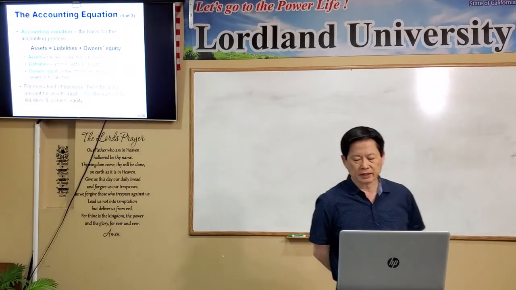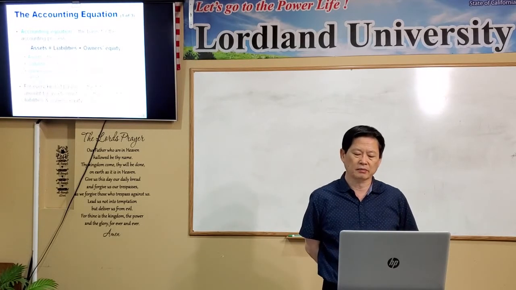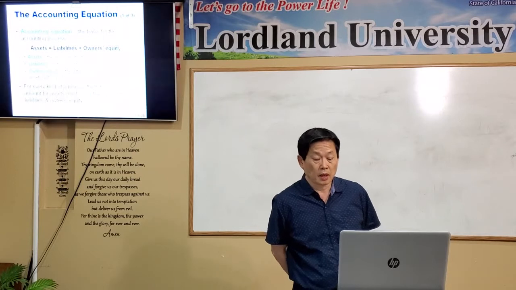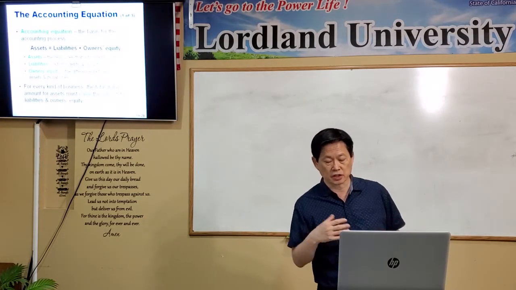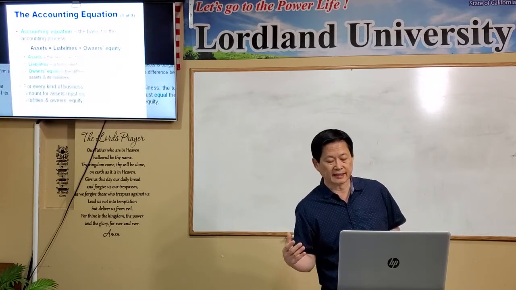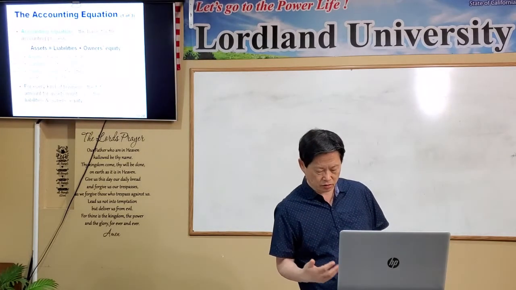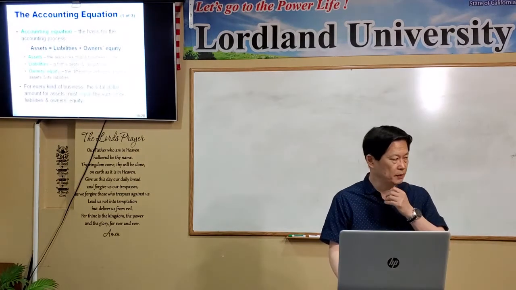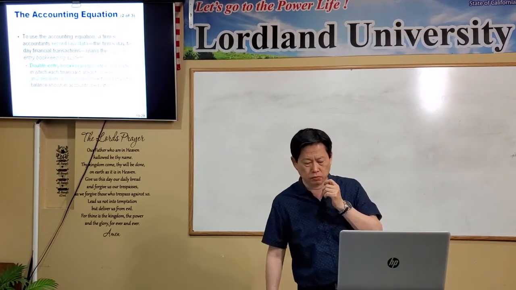For every kind of business, the ending balance of assets must equal the sum of the ending balances of liabilities and owner's equity. That is the basic accounting equation.